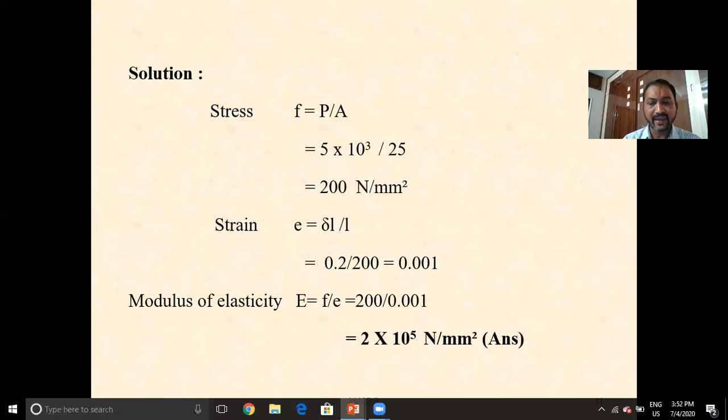So the E value is equal to 2 into 10 power 5 and the unit is newtons per square millimeter. So this is the modulus of elasticity value, also called the Young's modulus value. E is equal to 2 into 10 power 5 newtons per square millimeter. So this is the answer.